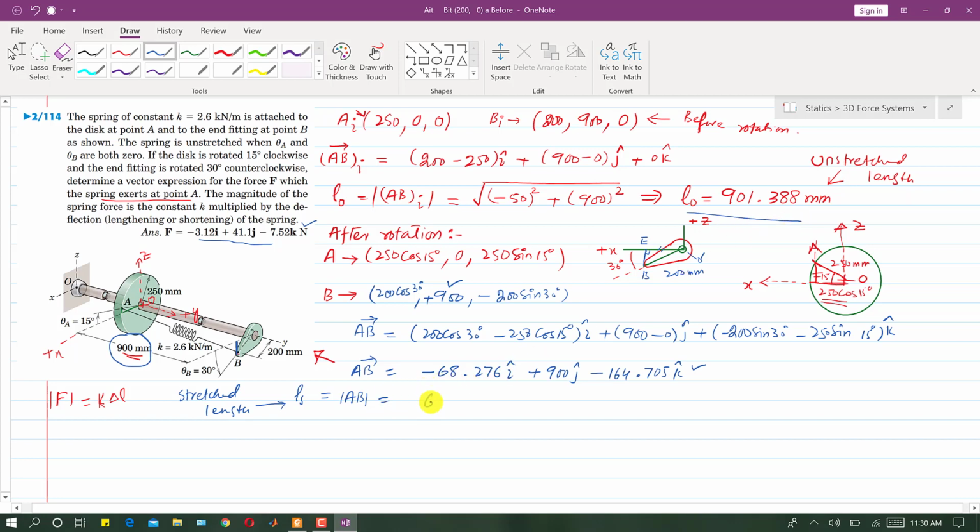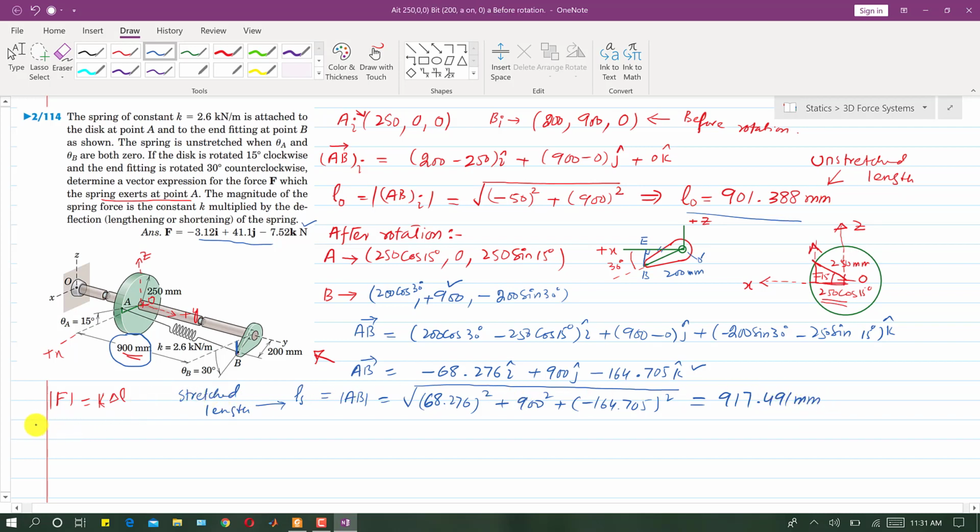So this will be equal to the square root of 68.276 whole square plus 900 square plus minus 164.705 square. So this comes out to be 917.491 mm, right? Since we have used these coordinates in mm, this will also be in mm. So this is the stretched length.